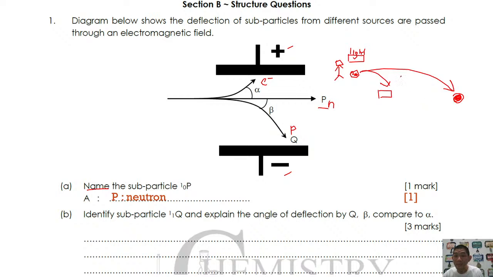So what does it mean here? It means that for distance, the greater the mass, the further the distance.